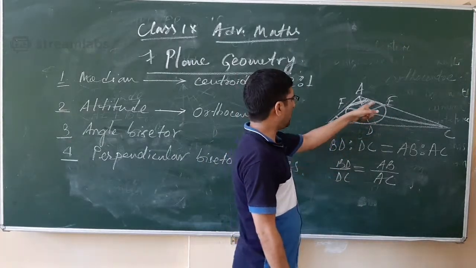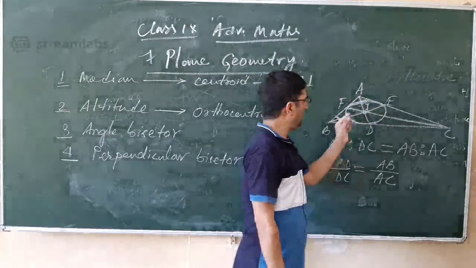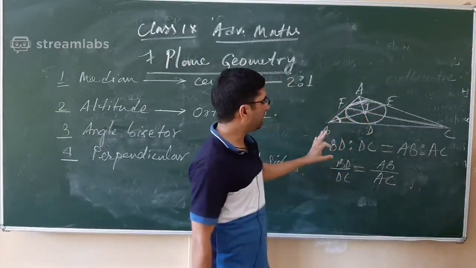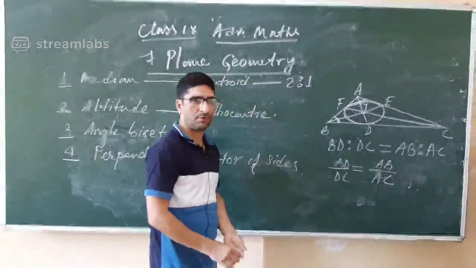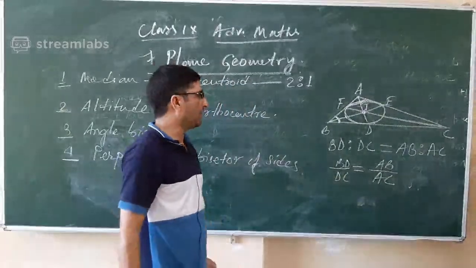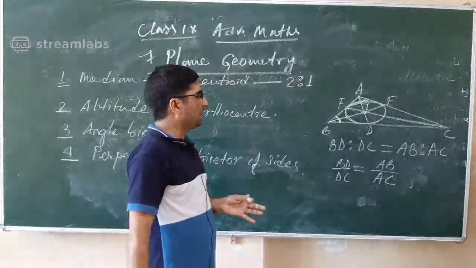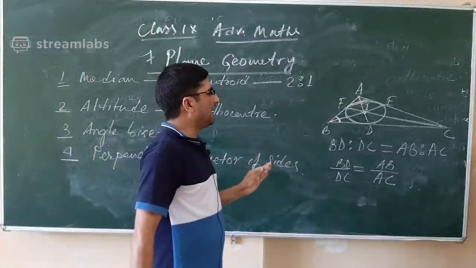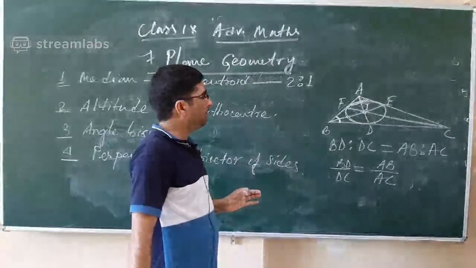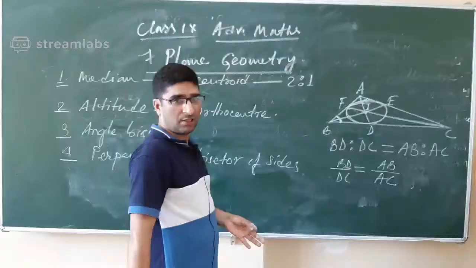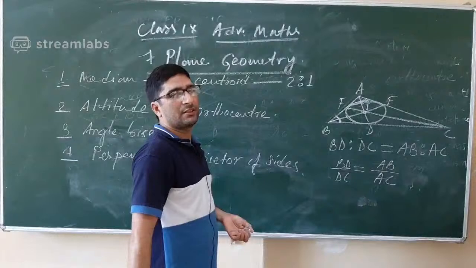This circle is called the incircle and these radii ID, IE and IF are called the inradius.